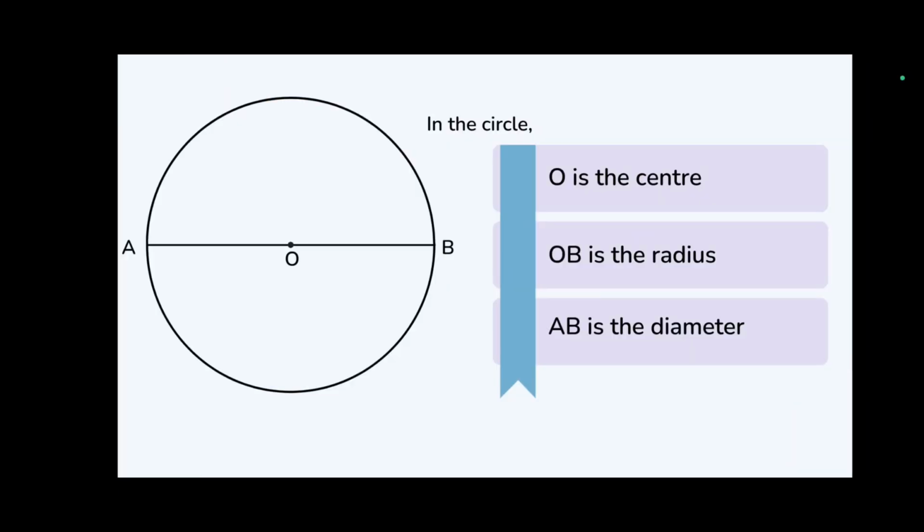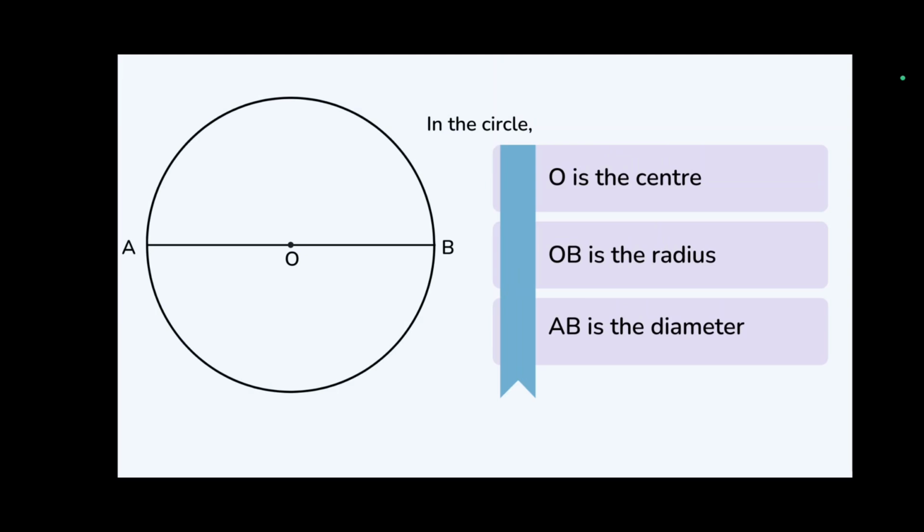Now students, look at this circle shown on the slide. Here, the point marked O is the center of the circle. From this center, if we draw a line to the boundary of the circle, we get the radius. So, any line from point O to the circle's edge is a radius. Now look at the line segment AB.